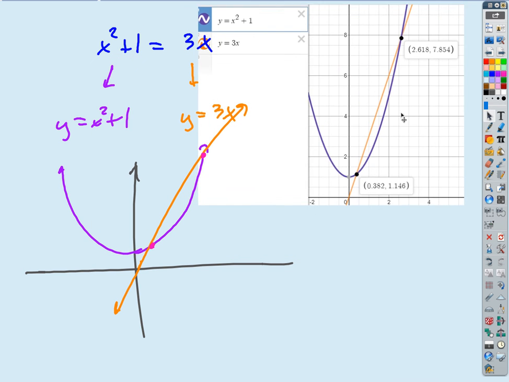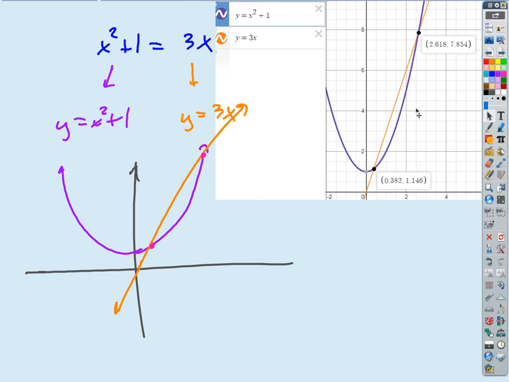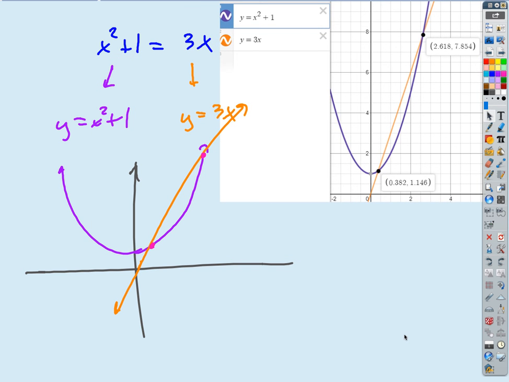Now, how do I interpret that? You tell me. What am I going to do with that picture? What are the solutions? Where did x squared plus 1 equal 3x? Well, those are the points of intersection. I'm interested in the x values or the y values this time? The x values. My equation involves only x, doesn't it?